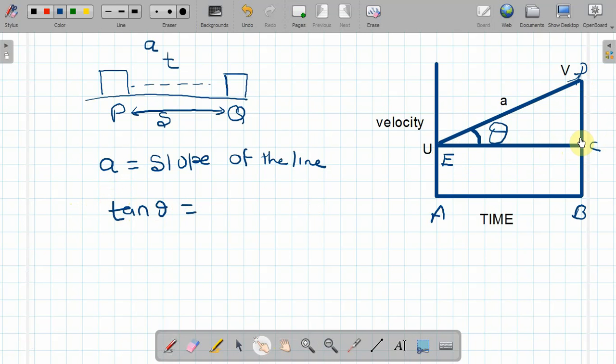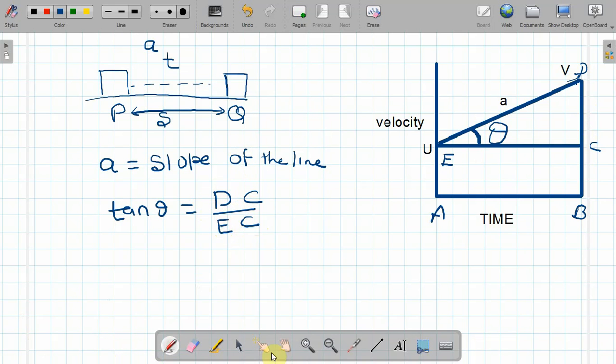So perpendicular is DC and base is EC. So we write perpendicular by base. If we define perpendicular, this will come like DC by EC. Now what will be the value of DC?